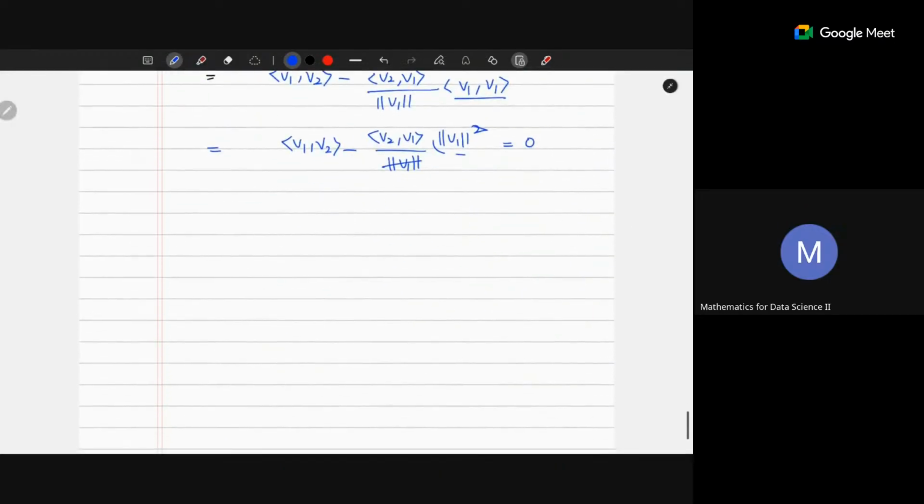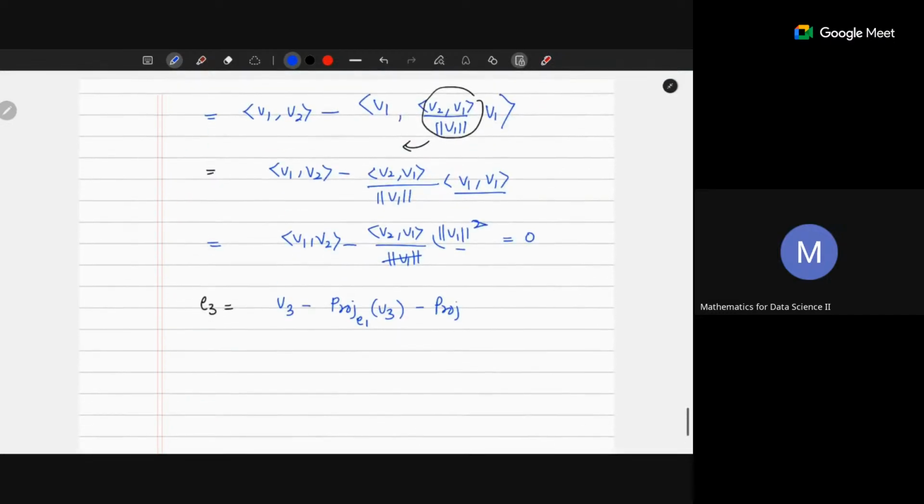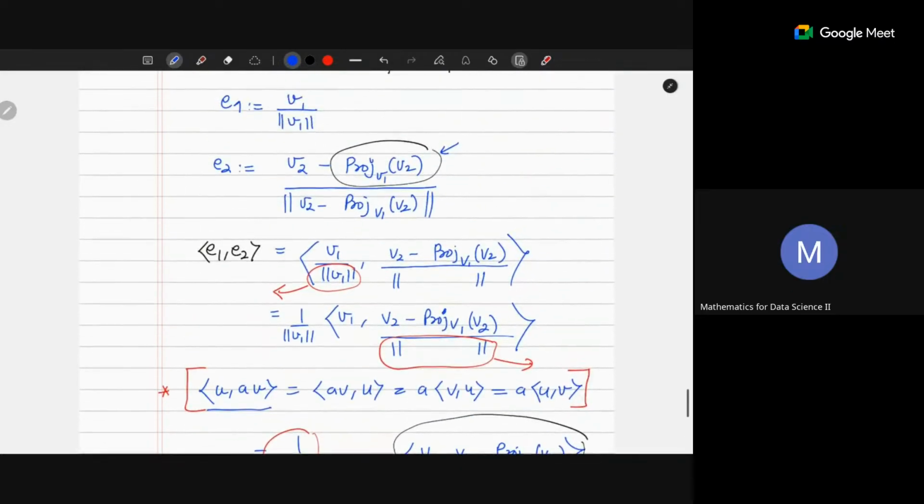For example, in obtaining E3, we remove from V3 the projection with respect to V1 of V3, sorry, here it should be E1. So this is a projection with respect to E1.